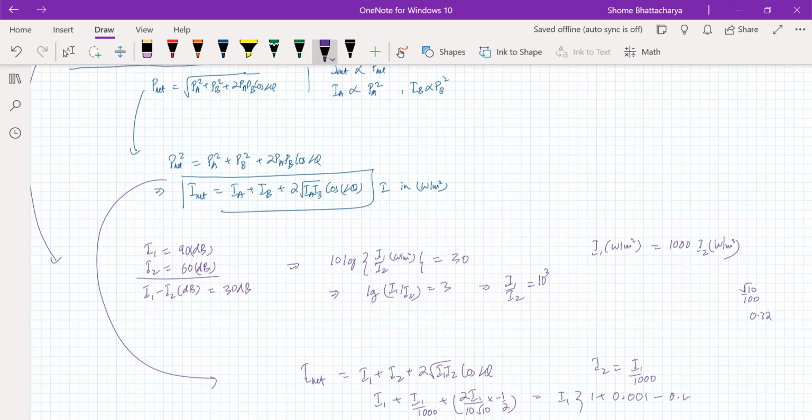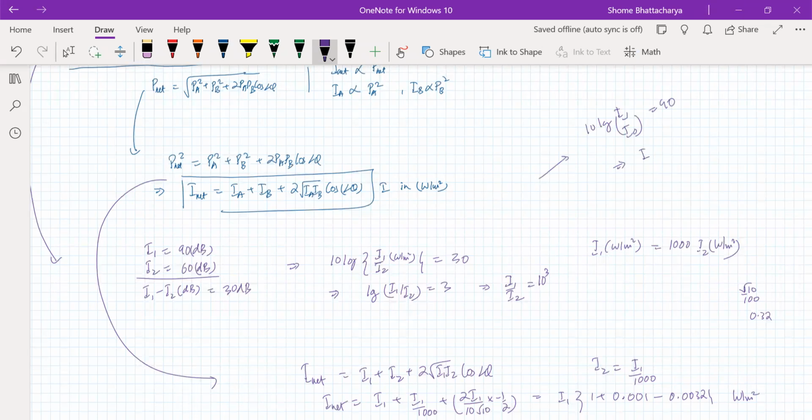So 0.032, sorry 0.0032, something like this. So this is our I net in watts per meter square. And we can always calculate I1 in watts per meter square because 10 log I1 by I0 is 90.